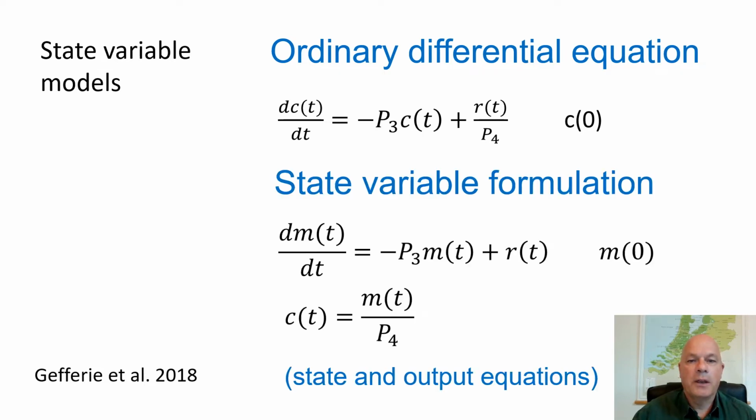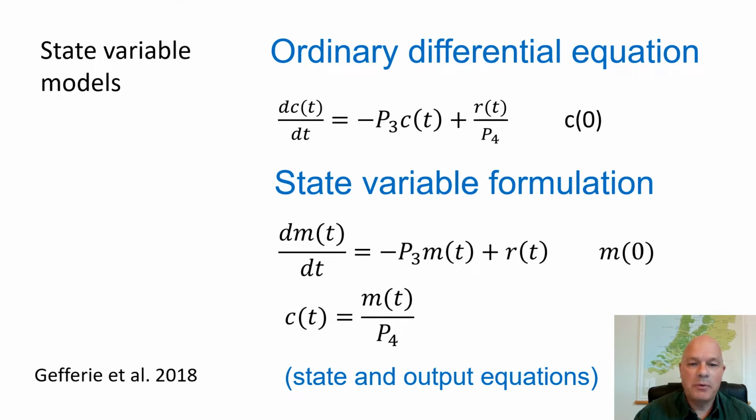Now in the Jeffrey paper, the authors separate that into two equations. One is a state equation for the mass, drug mass, oxytocin mass, as a function of rate, and there's a parameter P3 that indicates elimination, and there's an original mass at time 0.